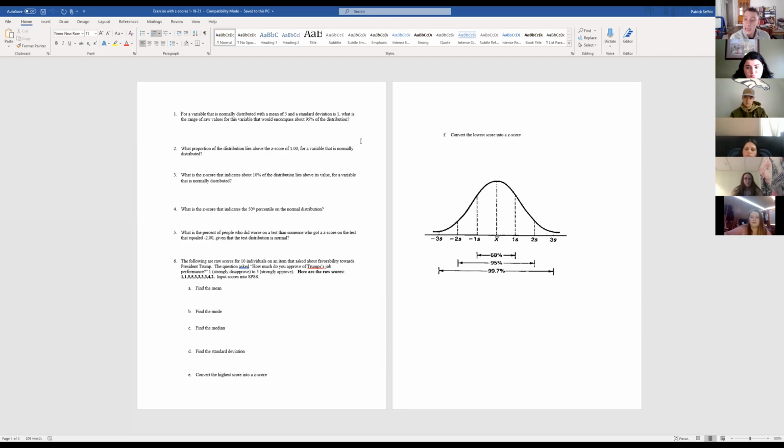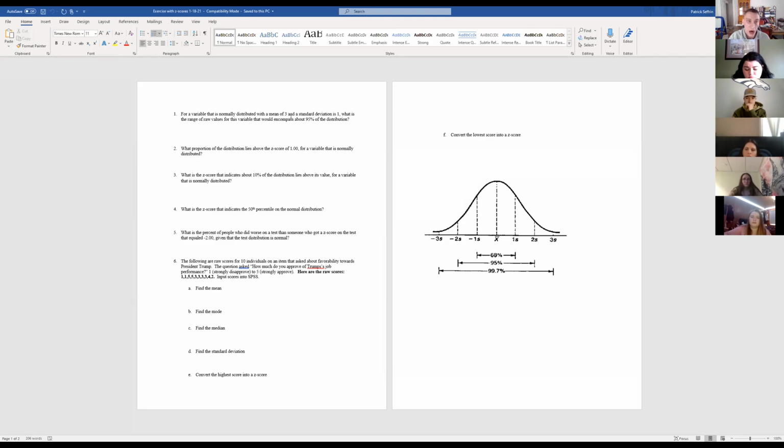Okay, so for 95% of the distribution, you have to go out 2 standard deviations above and 2 standard deviations below. That means you have to add 2 standard deviations to the 3, and then subtract 2 standard deviations from the 3. A standard deviation here is 1, so 2 standard deviations is 2.